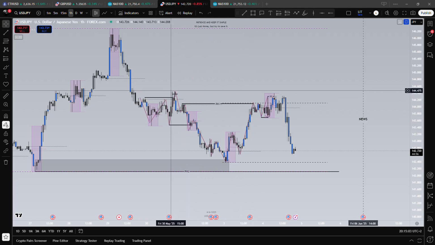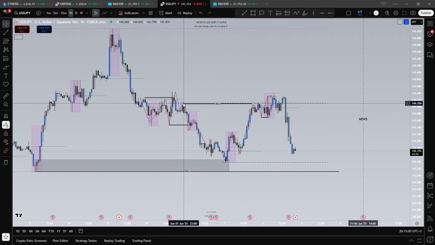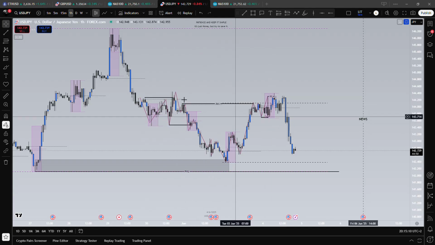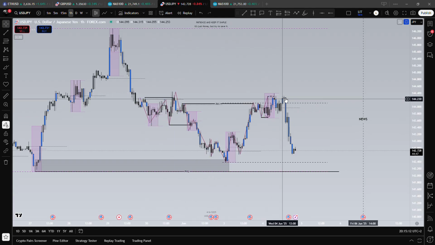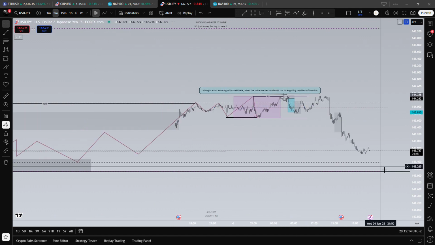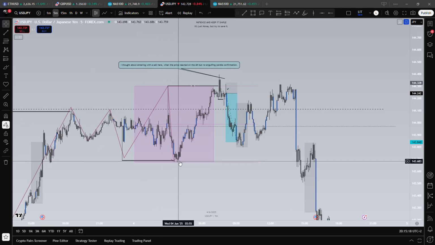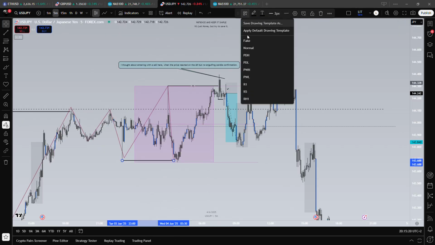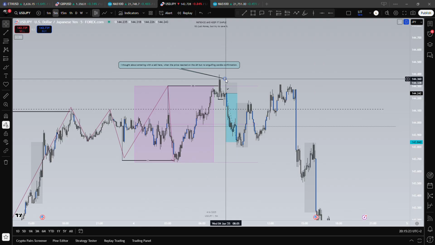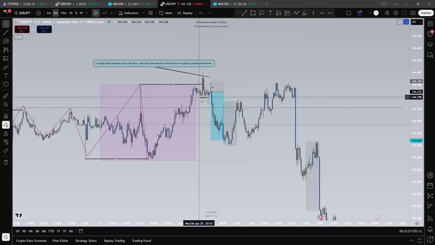As you can see, it didn't take this high, but it took this one, which is the one that broke this low, that broke this high. So this round liquidity on H1. And then in Asia, it just manipulated the price, going to the downside. This was fake.